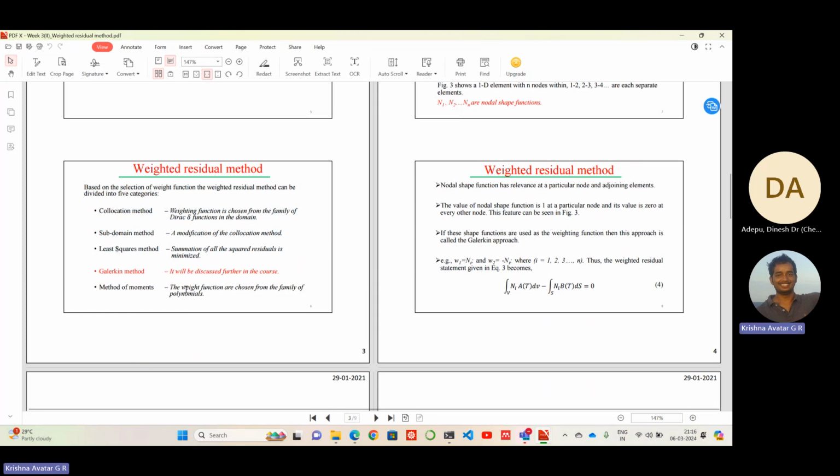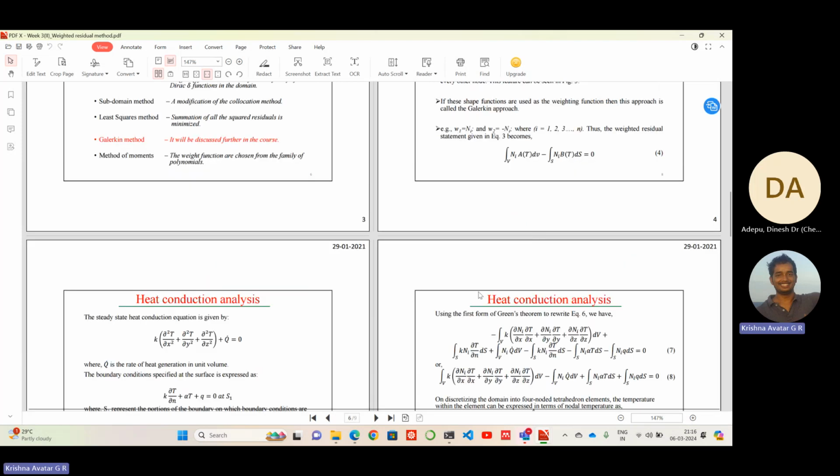Then the method of moments, where the weight functions are chosen from the family of polynomials. In that case, our shape functions will be different from the weight functions. In the Galerkin method, the same functions are used for testing, which are also the shape functions. That is the crux of the Galerkin method, and that is what makes it so appealing for any practical problem.